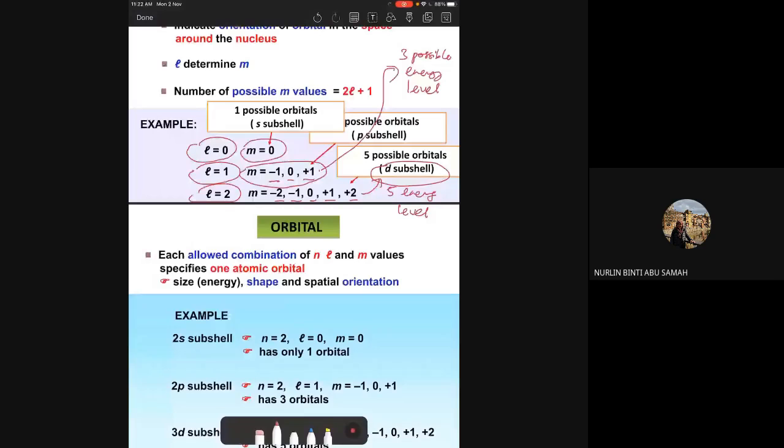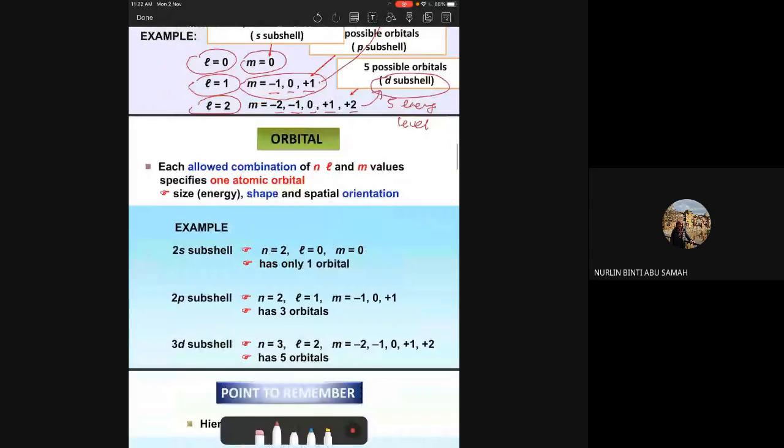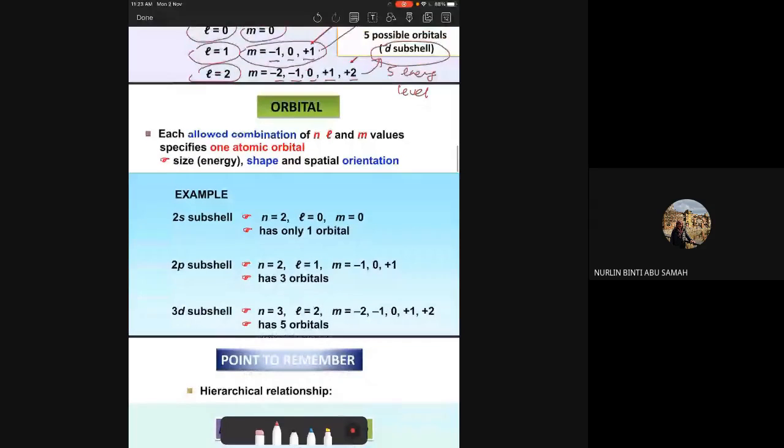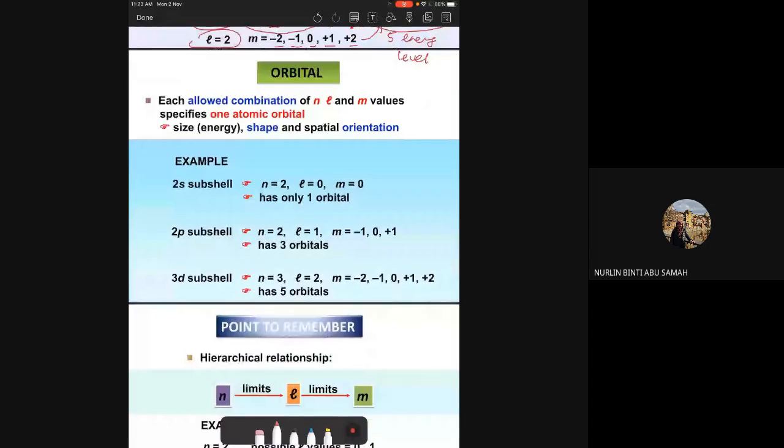Okay, so when we talk about orbitals, the orbital must follow the requirement, the order. Each allowed combination of n, l, m values specifies one atomic orbital. From this combination of n, l, m and s, we can represent the size, the shape, and the orientation.